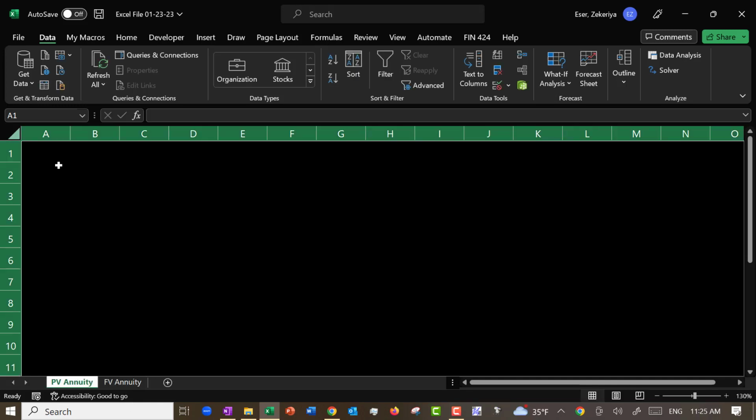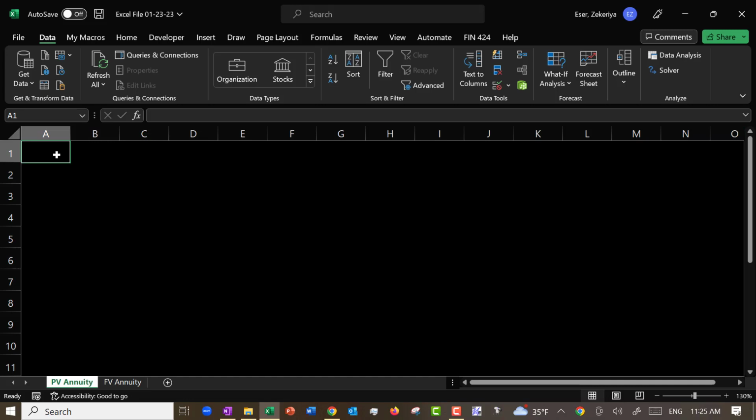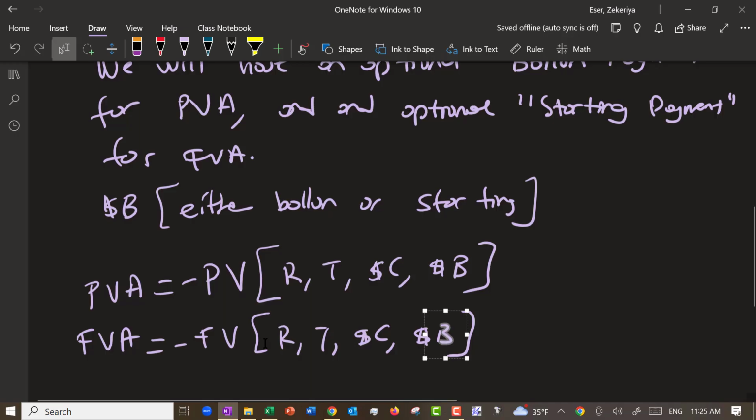I'm going to be kind of smart. Once I get my template for present value, I'm going to basically copy and make a few adjustments. That's going to give me my future value. Whenever you make a template, it's not a bad idea to write what the inputs are. There is one thing I forgot.